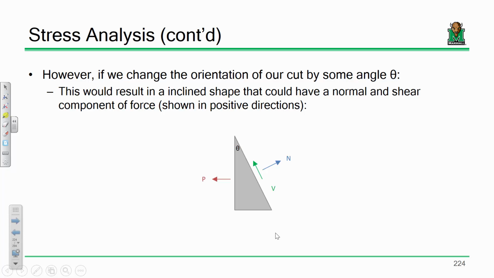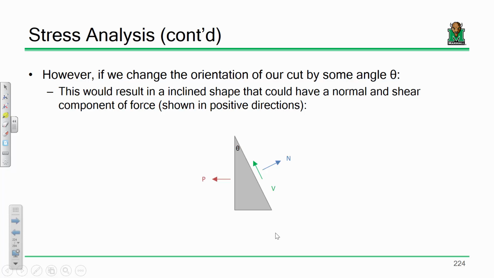By cutting a section at an angle, I propose that you're going to develop some amount of normal stress and some amount of an inclined shear stress V. I've got these resultants shown in positive directions just to keep the math simple, but I want you to recognize that we are going to have moments and or normal forces and shear forces.